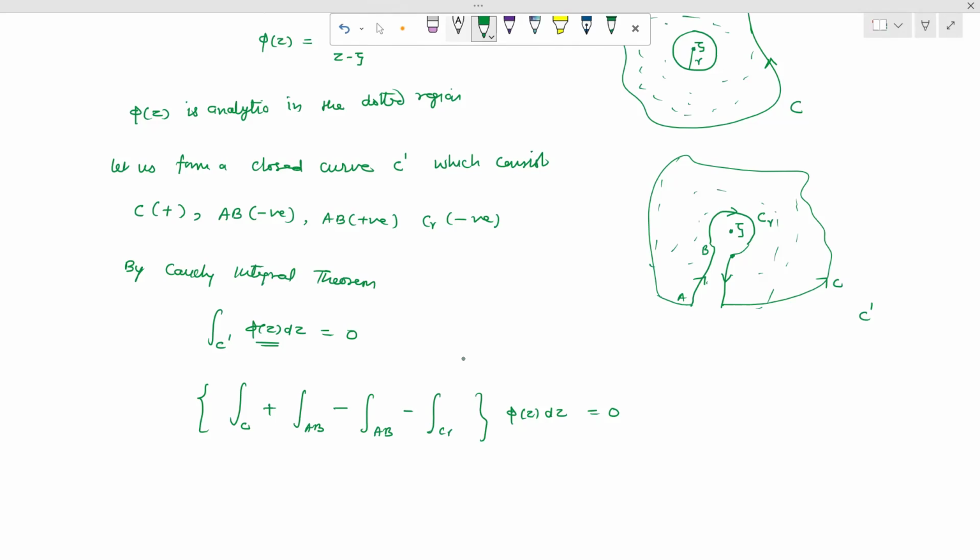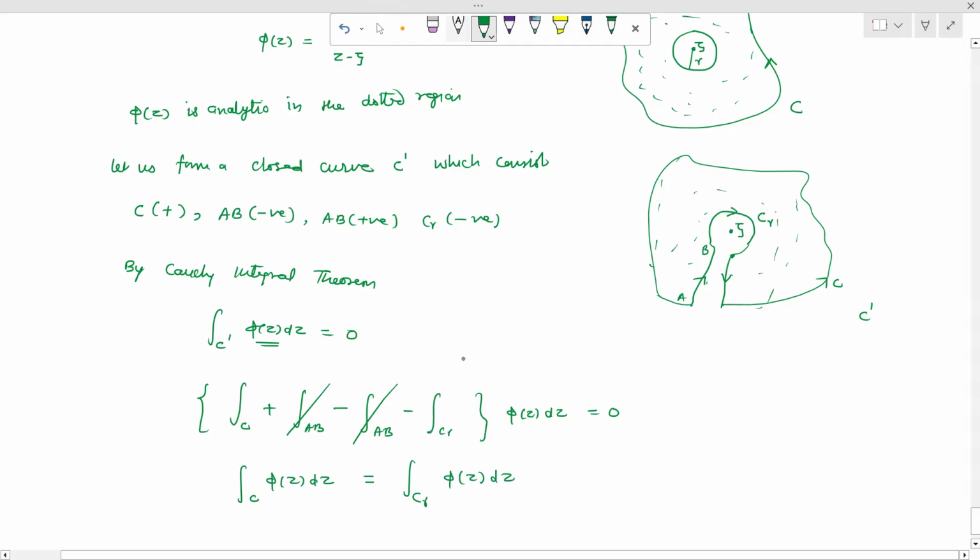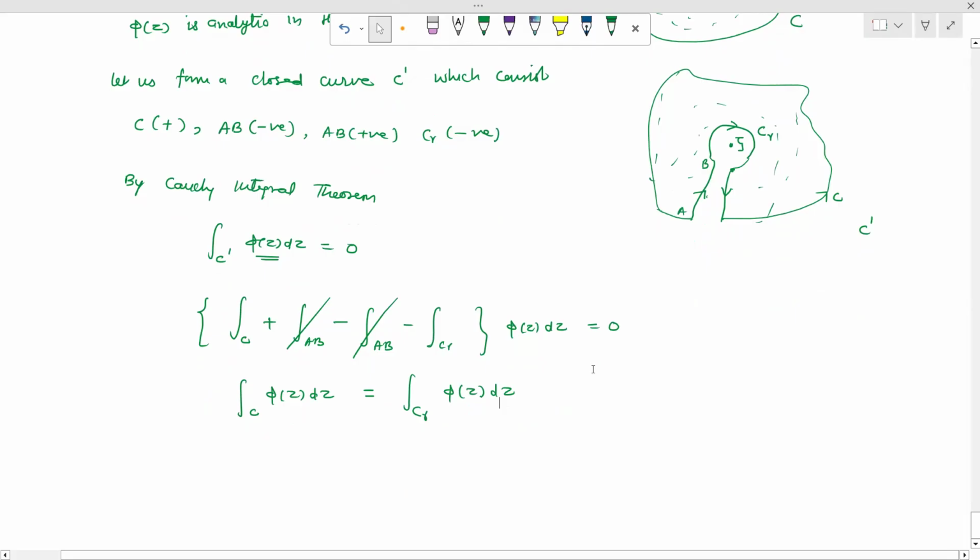Okay. So now AB and BA will cancel. So here we have integral along curve C of phi(z) dz, with a negative sign, equal to the integral along C_r of phi(z) dz. Now what is the value of phi(z)?